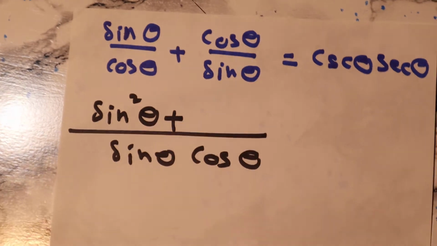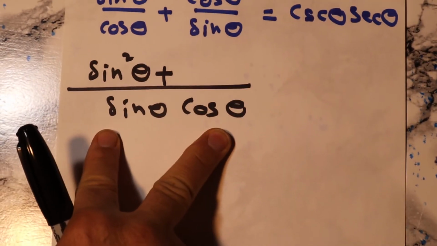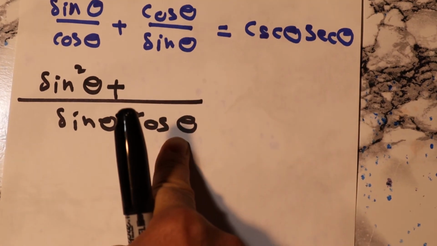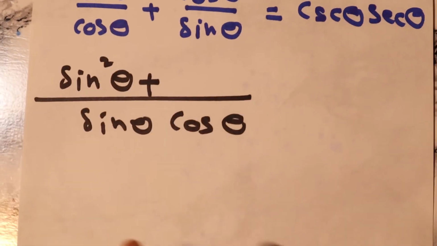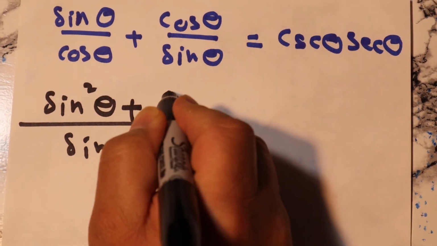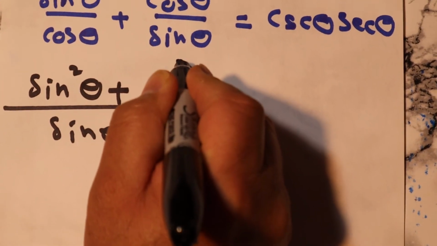Plus, you divide sine cosine by sine, sine is cancelled, cosine left, cosine times cosine is cosine squared.